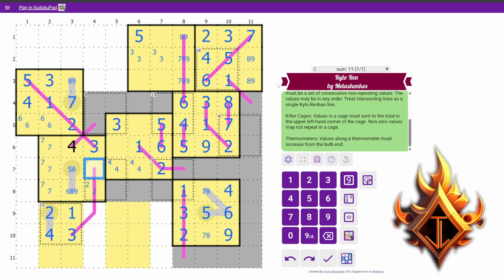Now we cannot have a 2 there. So this would be 2, 1, or 2, 5. The 2, 1 could have a 0 or a 4.